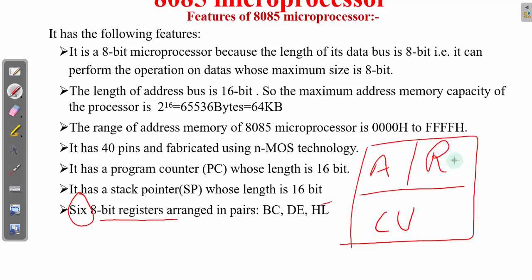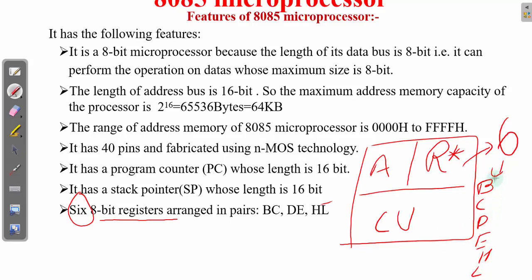I hope you remember this, yes or no? I am talking about these registers. So in the 8085 there are six registers, and their names are B, C, D, E, H, L. These are technical names.